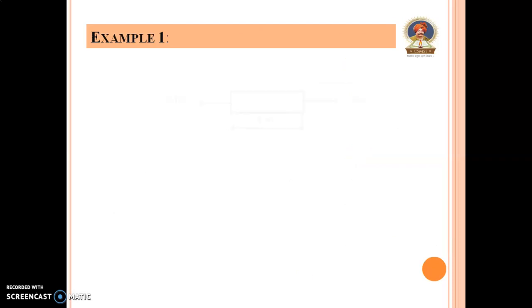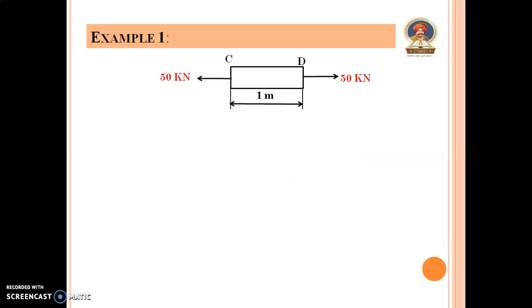Now once again draw the diagram. Here again tensile type of force is acting on body, so the value of P is plus 50 kilonewton. Convert it into Newton. 50 into 10 raised to 3 Newton. Length 1 meter. Convert it into mm, that is 1000 mm.